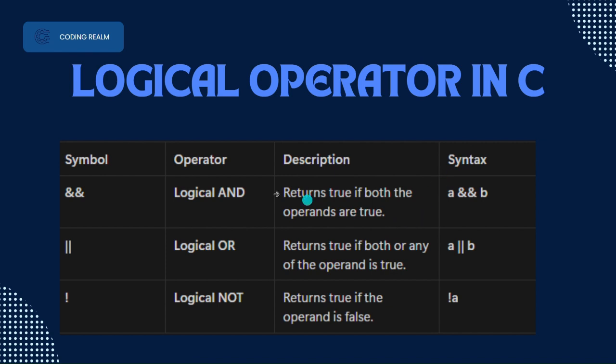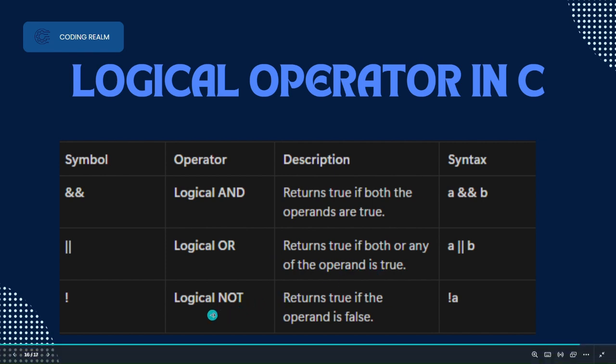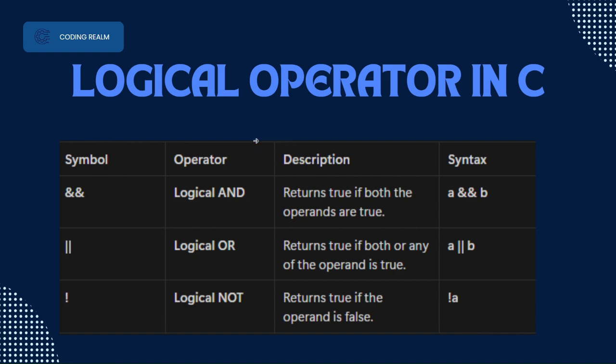For example, logical AND, this is the symbol of AND, returns true if both the operands are true, for example A and B. OR returns true if either or both of the operands are true, A or B. NOT returns true if the operand is false, not A. This is also a logical operator in C.